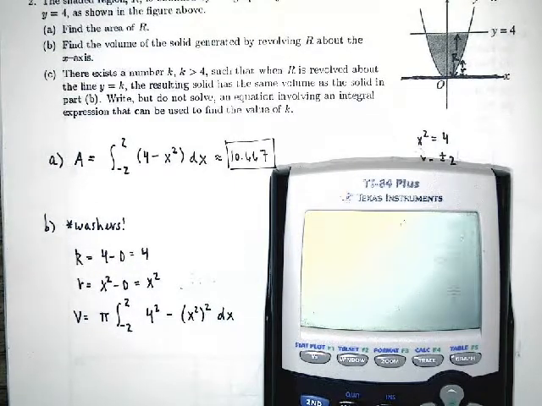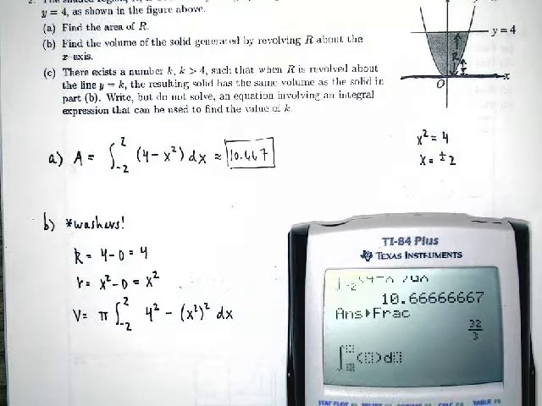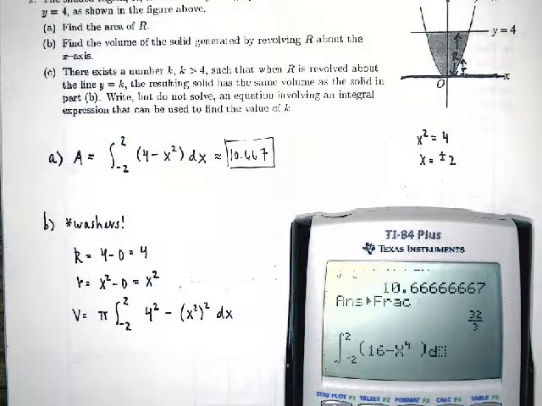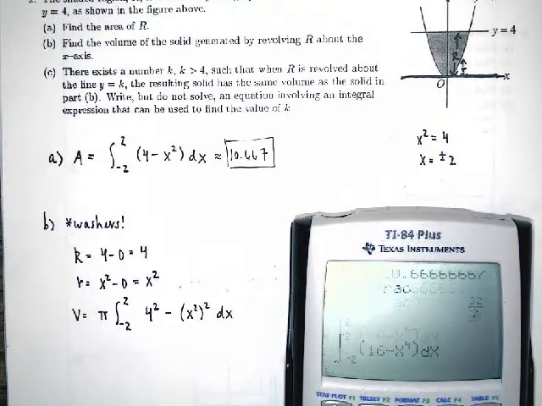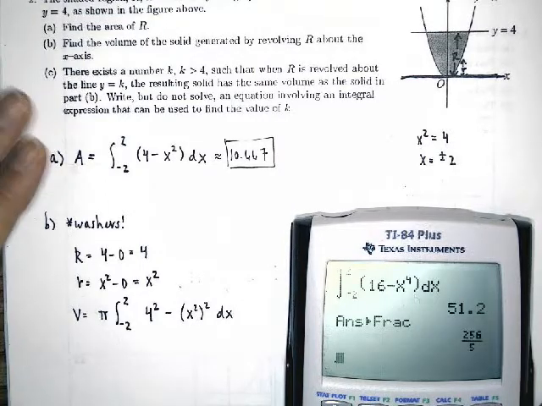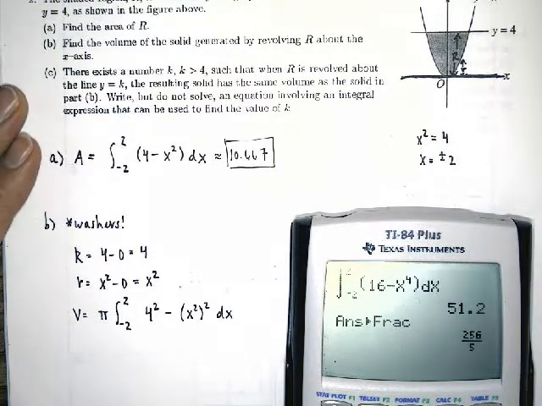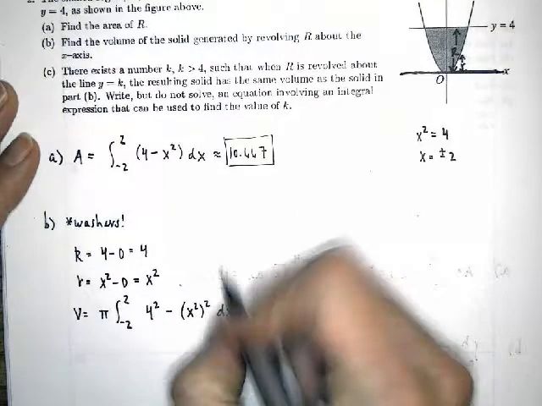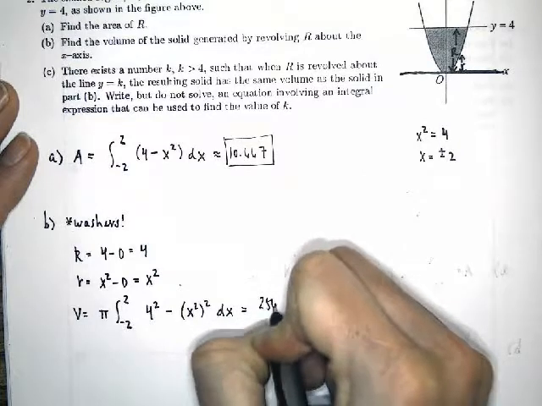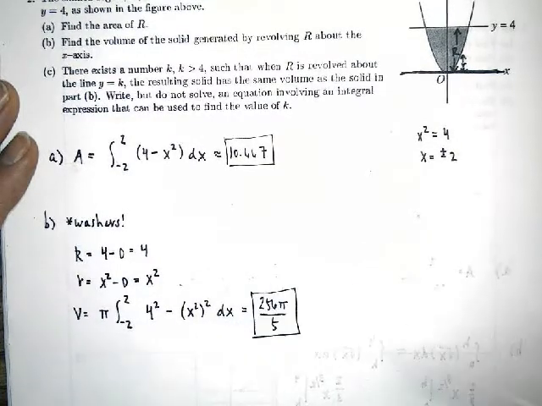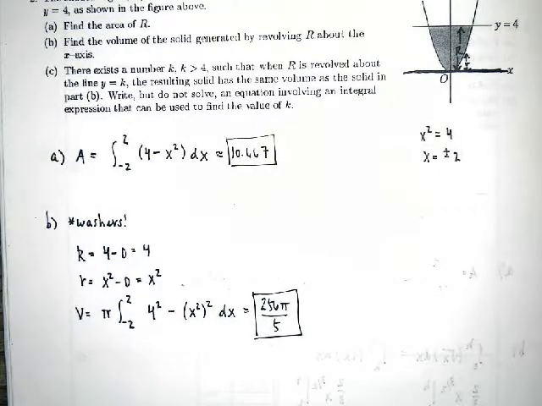So if I do my integral, negative 2 to 2 of 16 minus, that would be x to the 4th, dx. So I'm going to get 256 over 5, and multiplying that by pi gives me 256 pi over 5. Okay, nice straightforward questions so far.